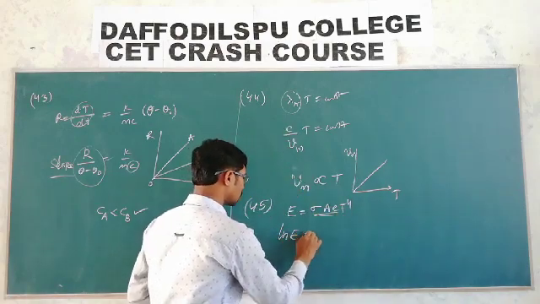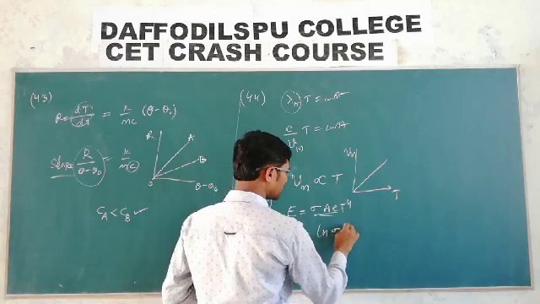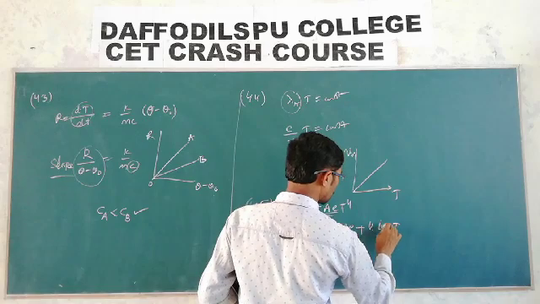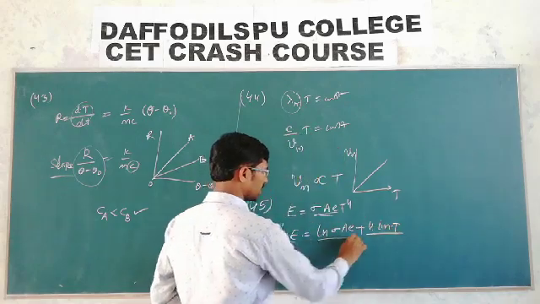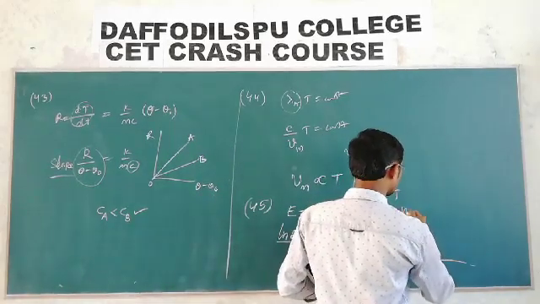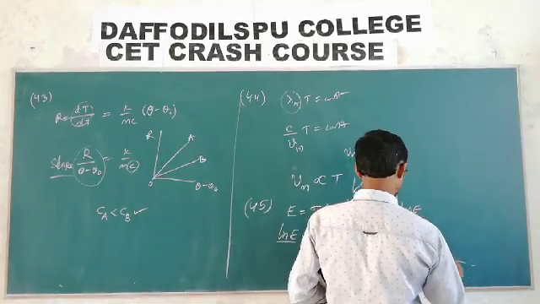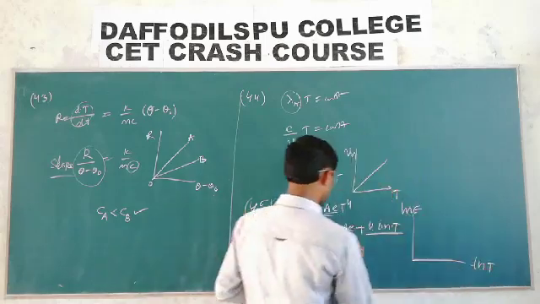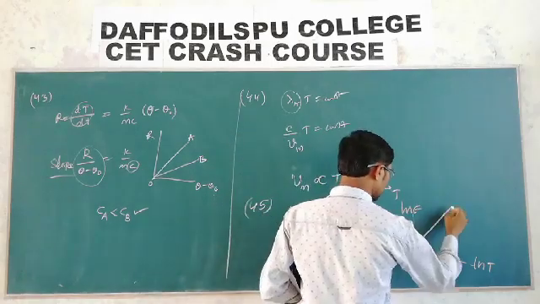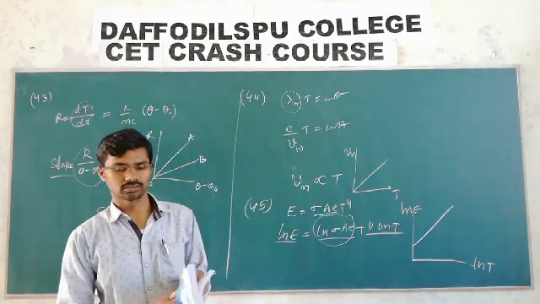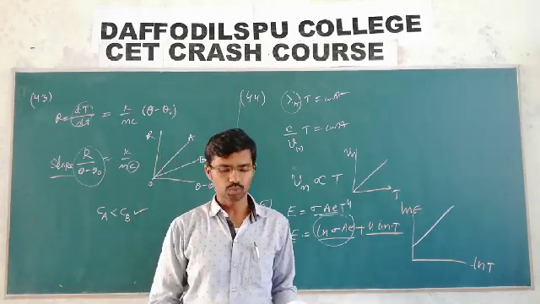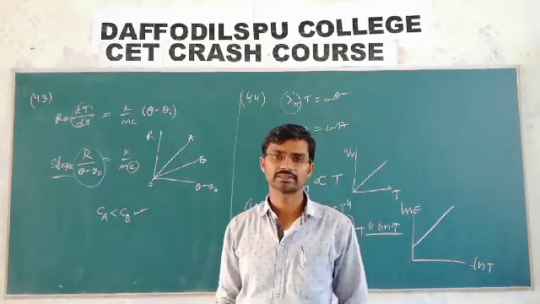Then ln E is equal to ln sigma A e plus 4 ln T. The y-axis is ln E and the x-axis is ln T. Now this is the intercept, a positive intercept. Then we will get this one, y is equal to mx plus c. This is the third option.